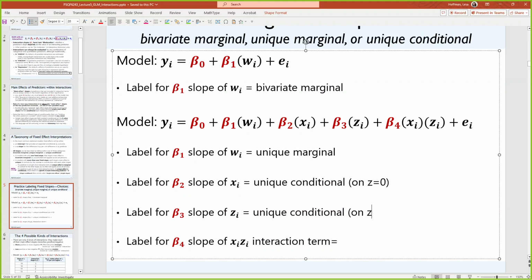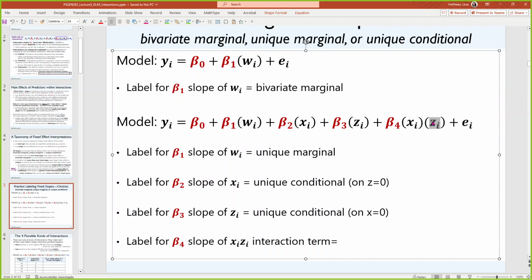I'm not able to understand why we are saying Z equals 0 or X equals 0. Because, let's do the X first. If I'm concerned about the effect of X, and I want to know what the effect of X is for each person in the sample, I have to know what their Z value is to know that.